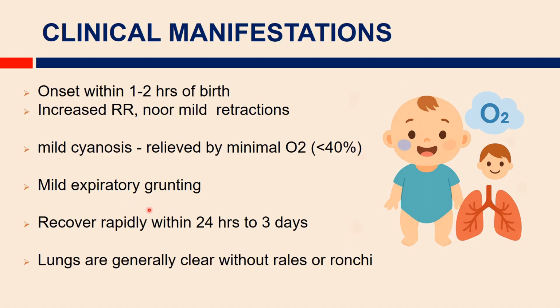There can be mild expiratory grunting, and recovery is rapid. Suddenly the child improves within 24 hours to 3 days of life, and lungs are generally clear without any rhonchi on auscultation.